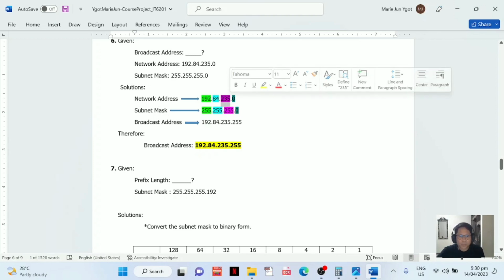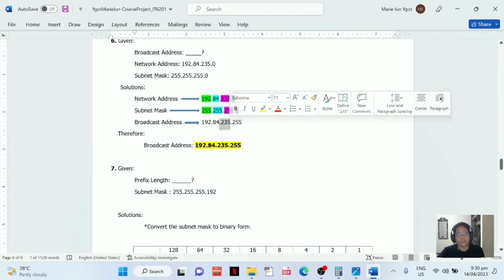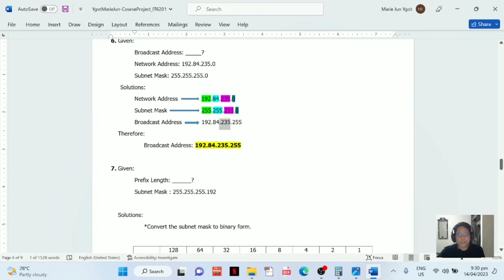So that's why we have 235 here. So it's easy. The last octet is 0. So remember our rules: if the subnet mask is 0, we are going to write down 255. So this is the answer.